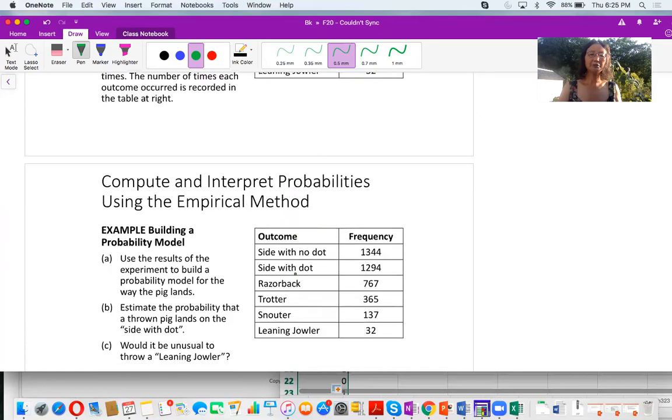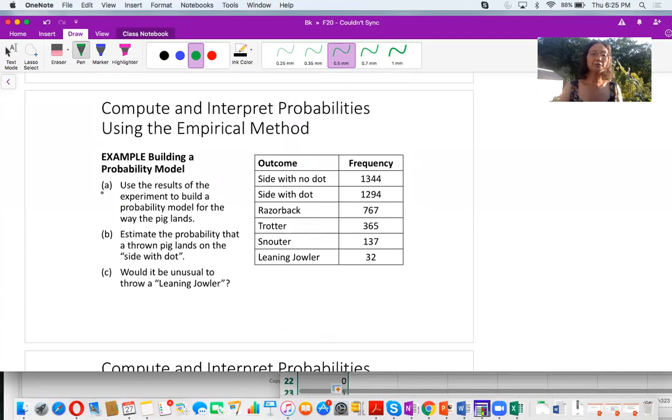What we are asked to do, there are 3 questions here. Use the rules of the experiment to build a probability model for the way the pig lands. The question asks you to build a probability model. And how do we build a probability model?